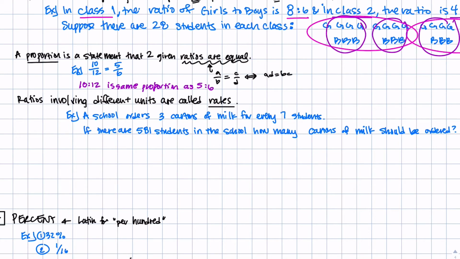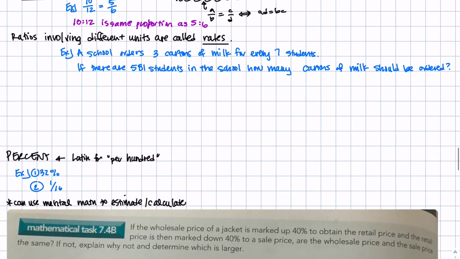So here's an example of a question where we might use rates to solve the problem. A school orders 3 cartons of milk for every 7 students. There are 581 students in the school, and we want to know how many cartons of milk should be ordered. So I'm going to solve this using proportions.